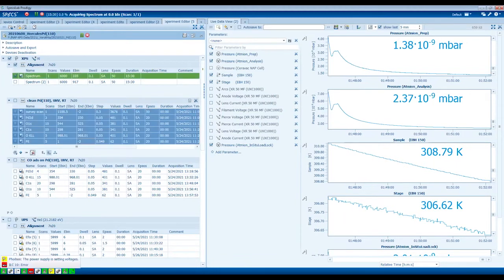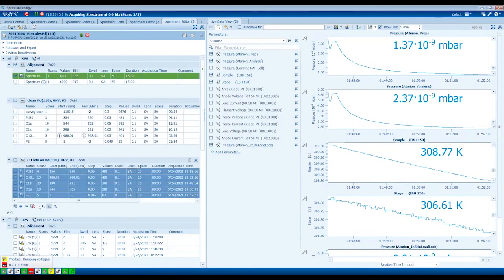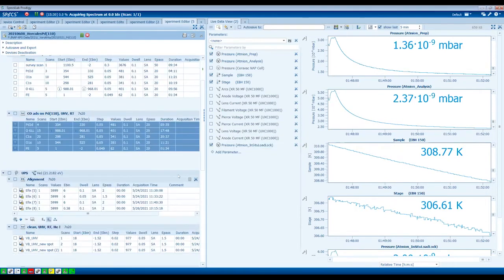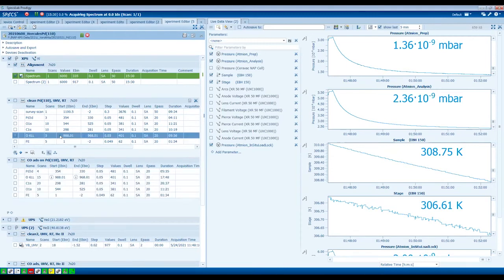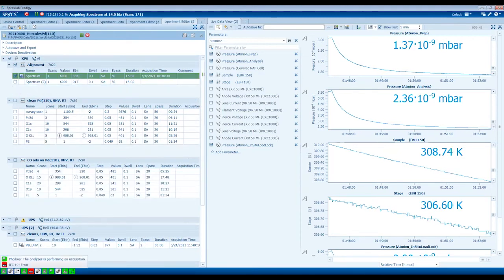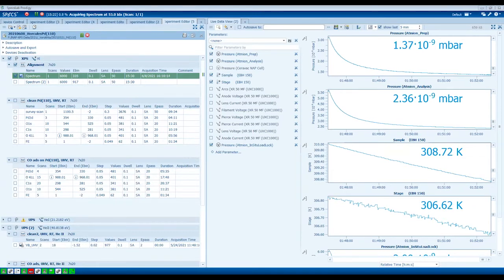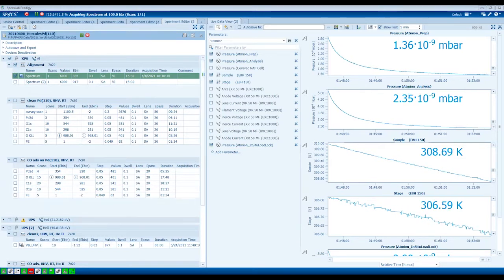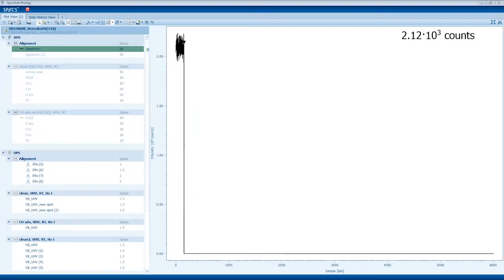It means that the analyzer is now set in the position where it detects only electrons with that binding energy. You can switch it also to kinetic energy, but the binding energy of these electrons is the same as the peak of palladium. So the intensity should be the highest on the spectrum, and you see some signal. It's already set up the analyzer on this kind of constant energy.